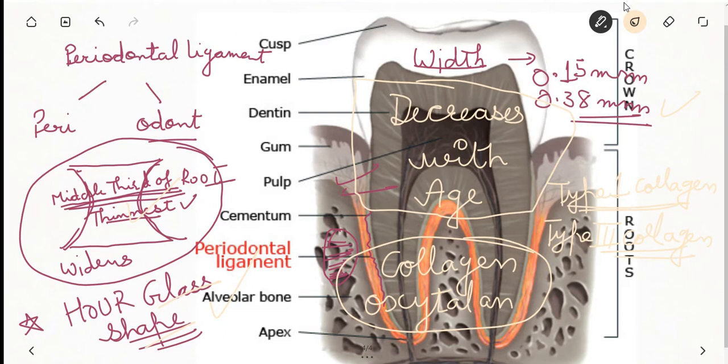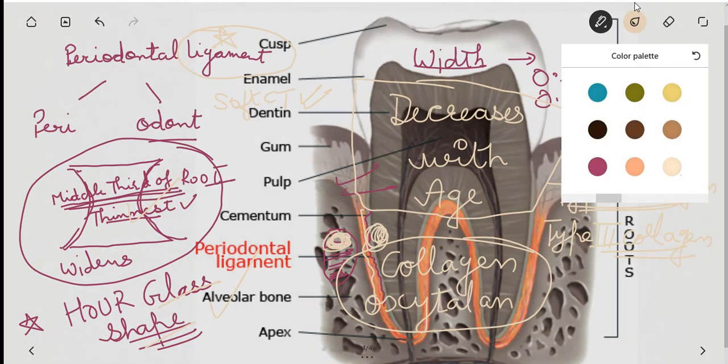As the name suggests, periodontal ligament. So remember, it is neither a typical membrane nor a typical ligament. It is a complex soft connective tissue, providing the continuity between the two mineralized tissues, that is between the cementum and the alveolar bone.